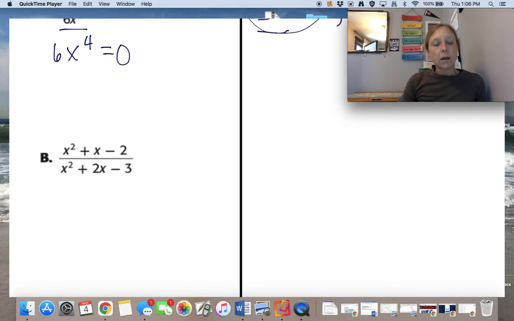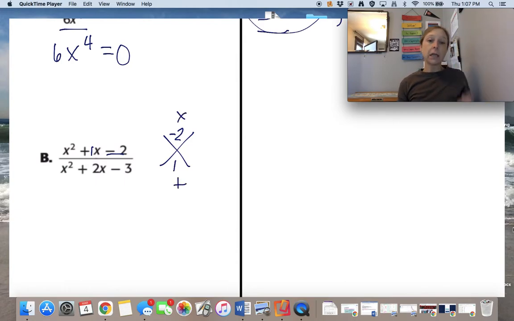Now we see a quadratic trinomial, so we get to review how to factor those. So we'll break down this first one. Remember, we ask ourselves what multiplies to -2 and adds to 1. We'll have a positive number and a negative number, so +2, -1.